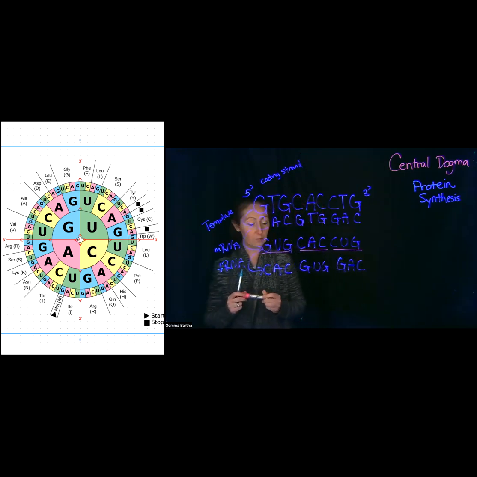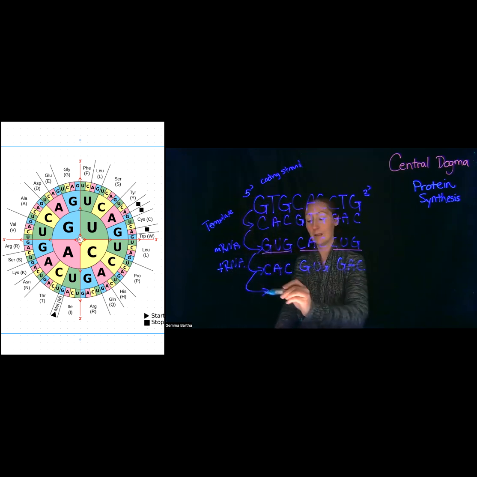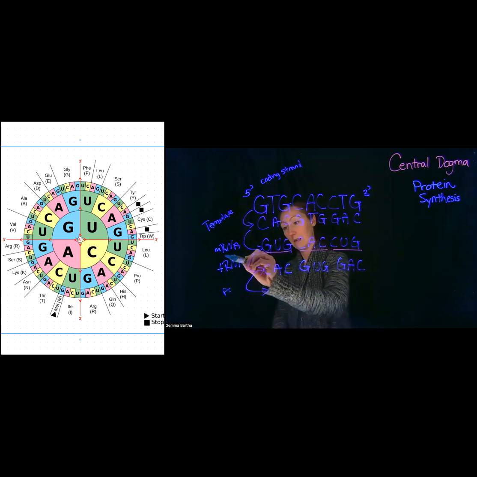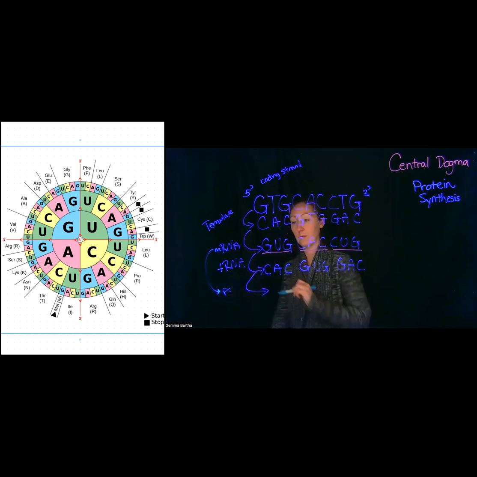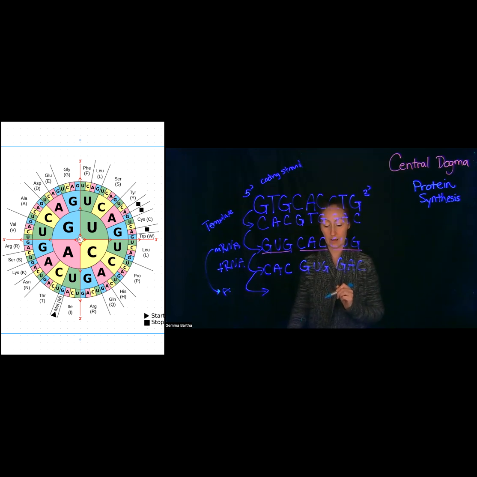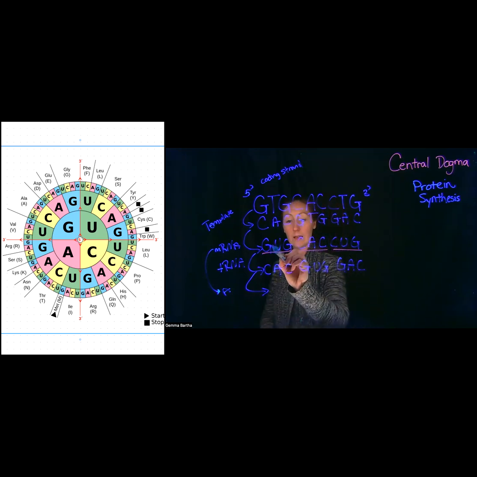Last but not least, so hopefully everybody can see that okay. Last but not least, we have our amino acids. Now our amino acids are actually going to come from our mRNA. So we are looking at GUG.